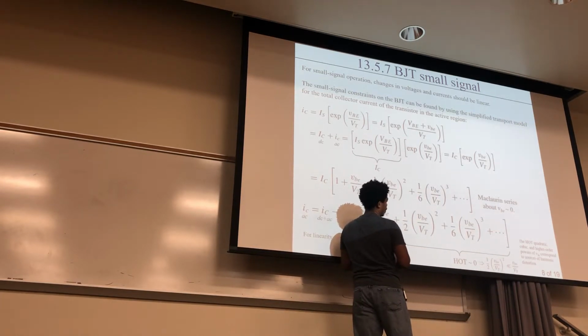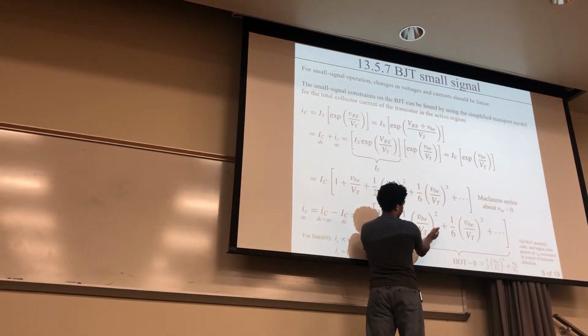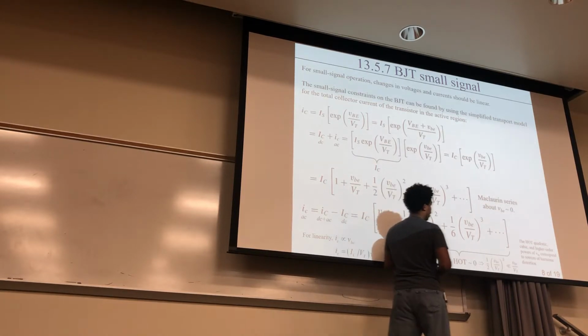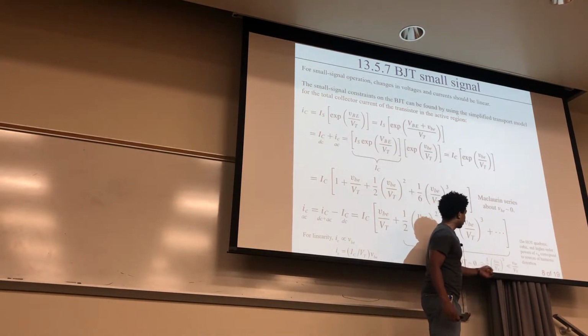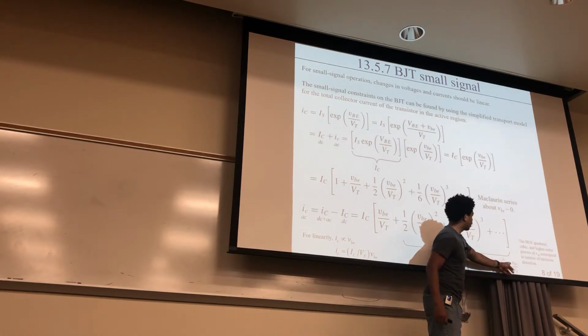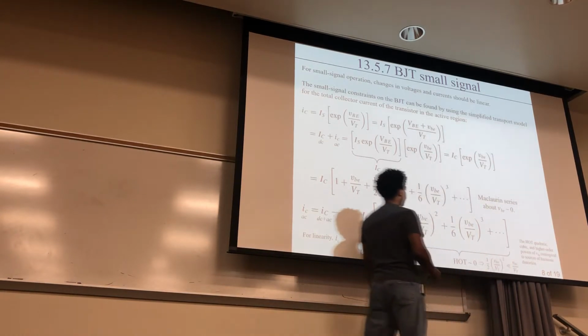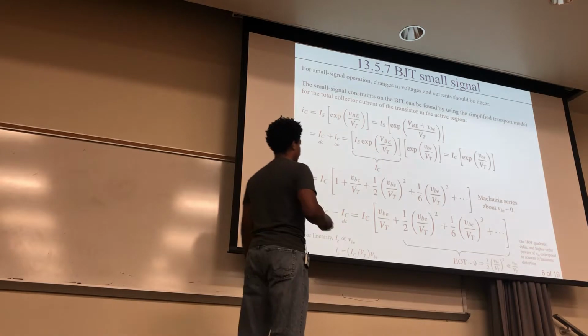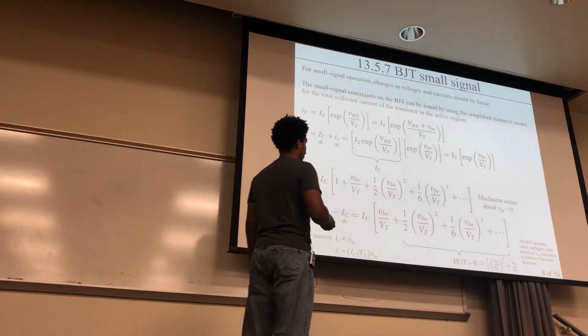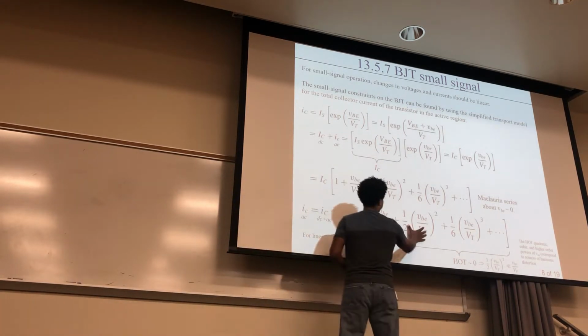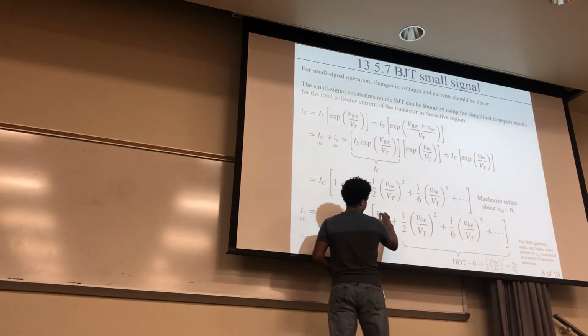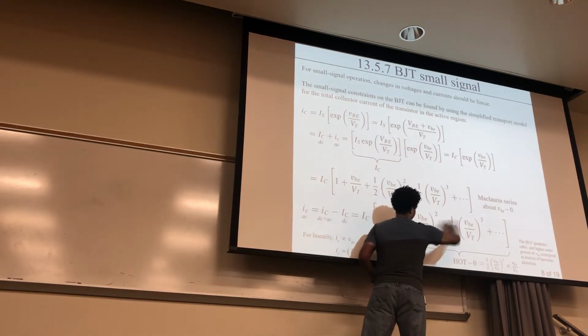Those terms get smaller and smaller. So this is your biggest limiting factor. You want this term to be much less than this term, this VBE over VT. If this term is much, much less than this, then you can ignore it and everything else.